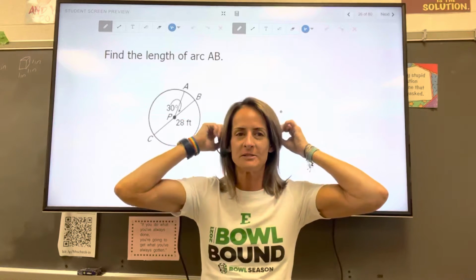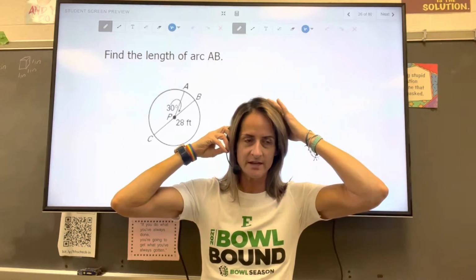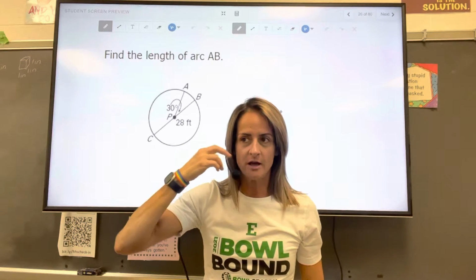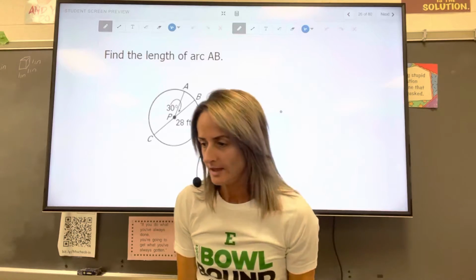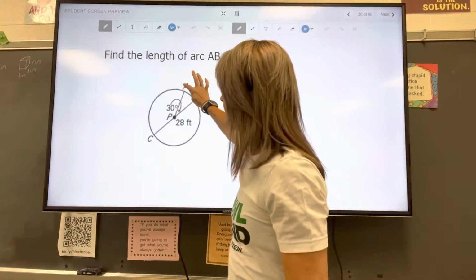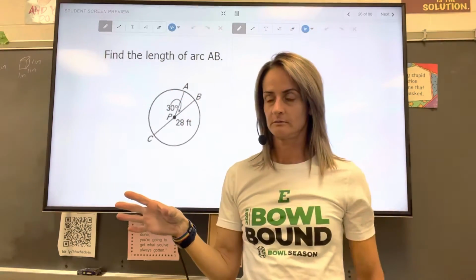Today we are going to be finding partial areas of circles, so it's an area of a sector, and we're also going to be finding part of the circumference that's called arc length. Up until now, we have been measuring arc length in degrees, right?